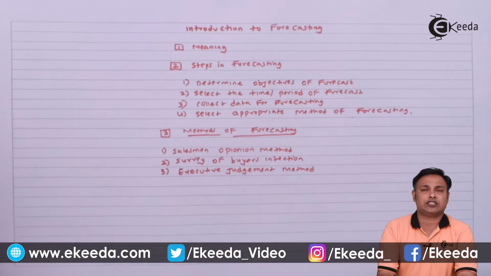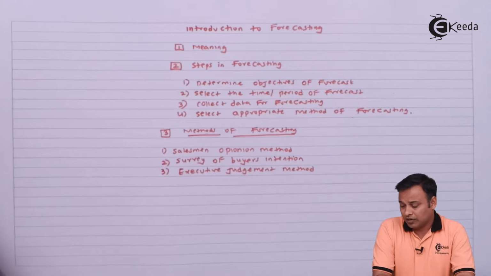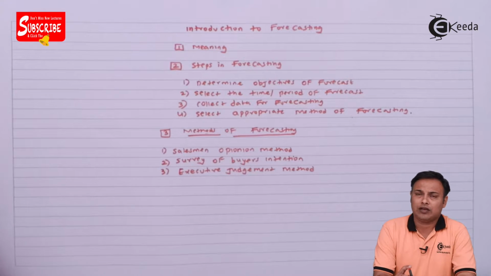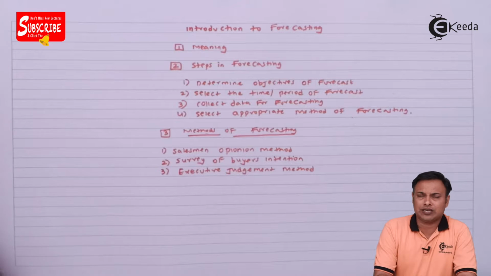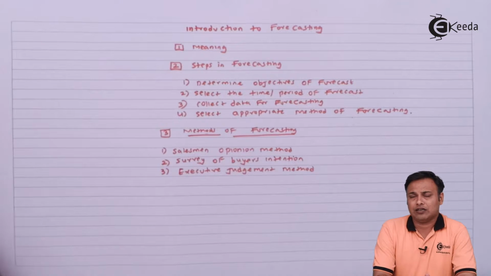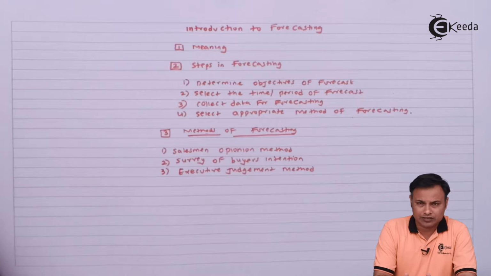The third method I'm going to talk about is called the executive judgment method. Under this method, the top managers or maybe the ground level managers may be asked regarding the feedback for their product.